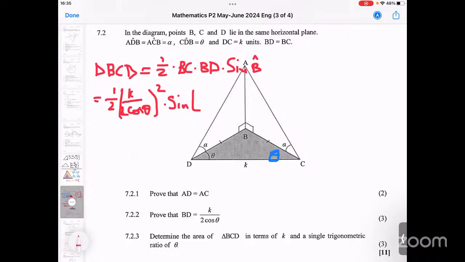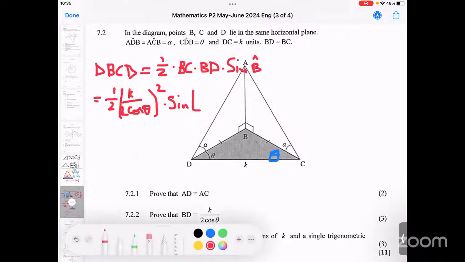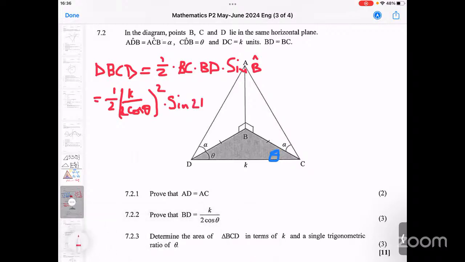Sine 2 theta, sir. Okay. And so it's technically sine of 180 minus 2 theta, but you had said that we think about that formula using the reduction formula. Yes, sir.